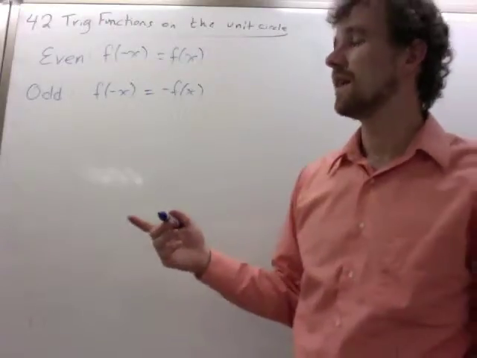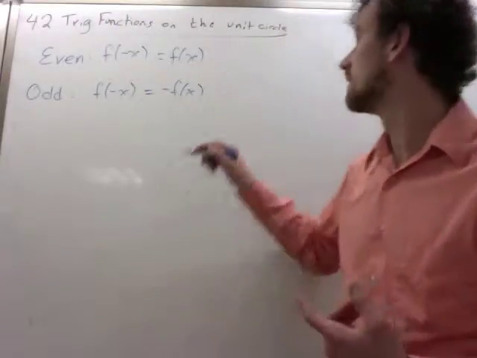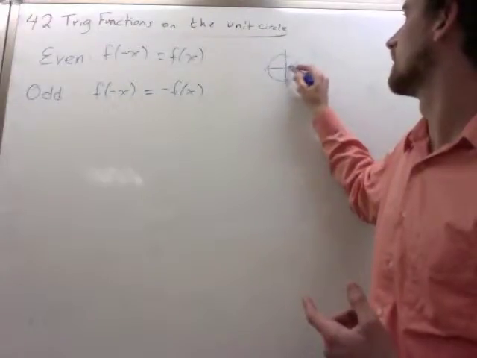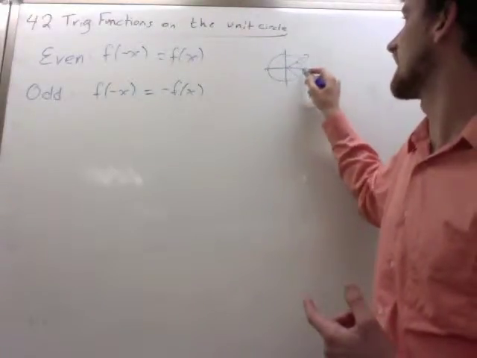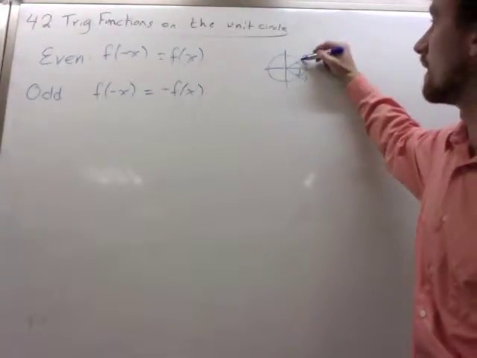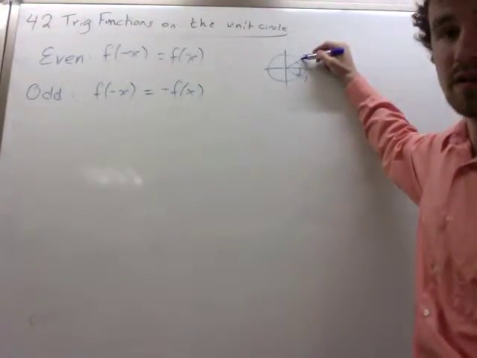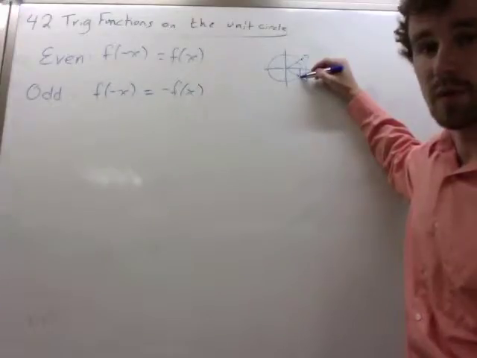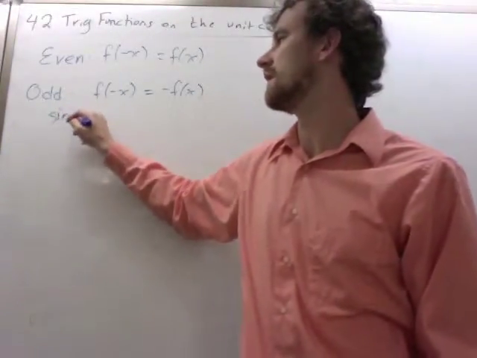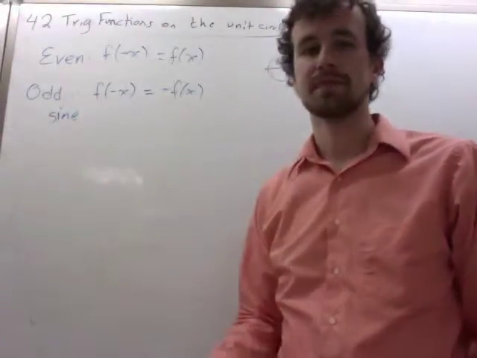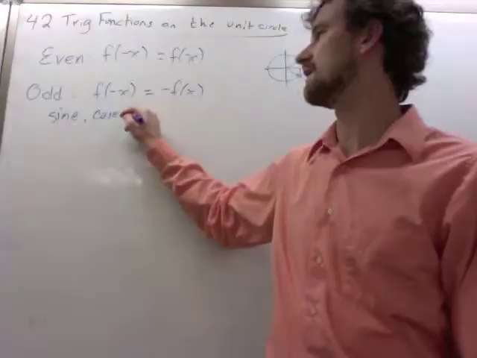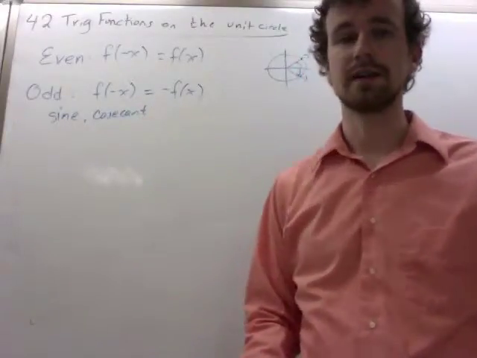If we think about it, sine is related to the y-coordinate. If we look at an angle versus the same negative angle, the y-coordinate of this point is the opposite of the y-coordinate of this point. So sine is odd, and if sine is odd, then its reciprocal, cosecant, is also odd.